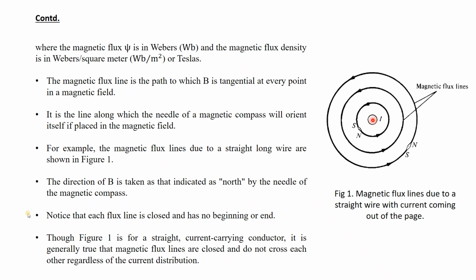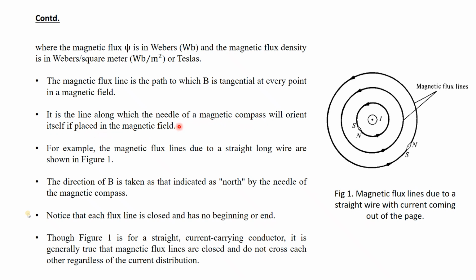If you take a conductor like this, then as we have already discussed, from the top view you can see that the magnetic field lines are in an anti-clockwise direction, as if you are putting a bar magnet and the magnetic field lines are originating from the north pole and sinking at the south pole. So a magnetic flux line is the path to which B is tangential at every point in the magnetic field.